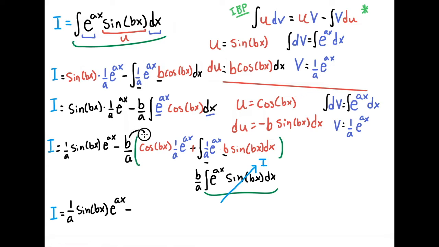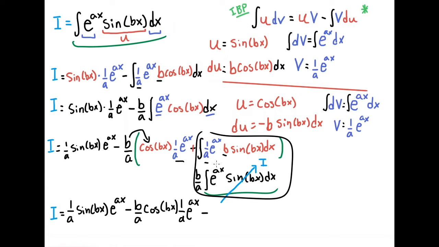let's multiply everything in now. Let's multiply this b over a times cosine of bx times 1 over a e to the ax, plus, minus times plus is minus. And remember, these are the same thing right here. Okay, these are the exact same statements here.